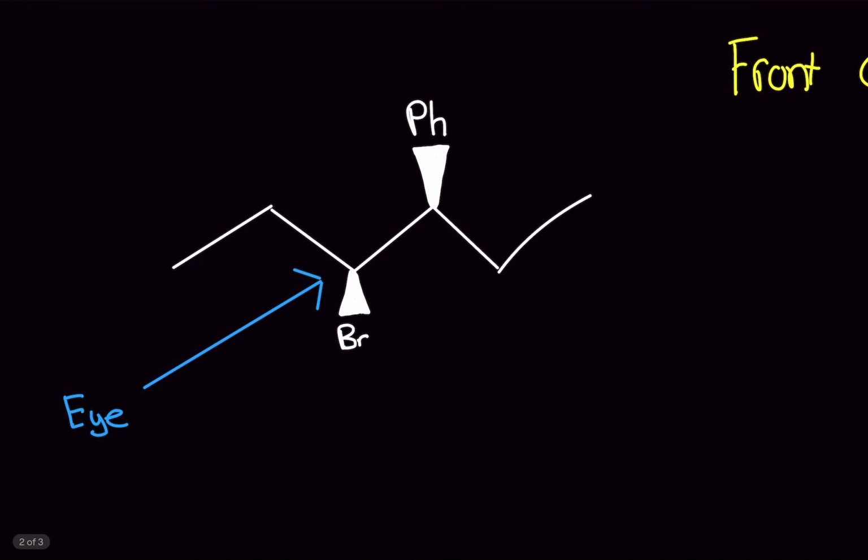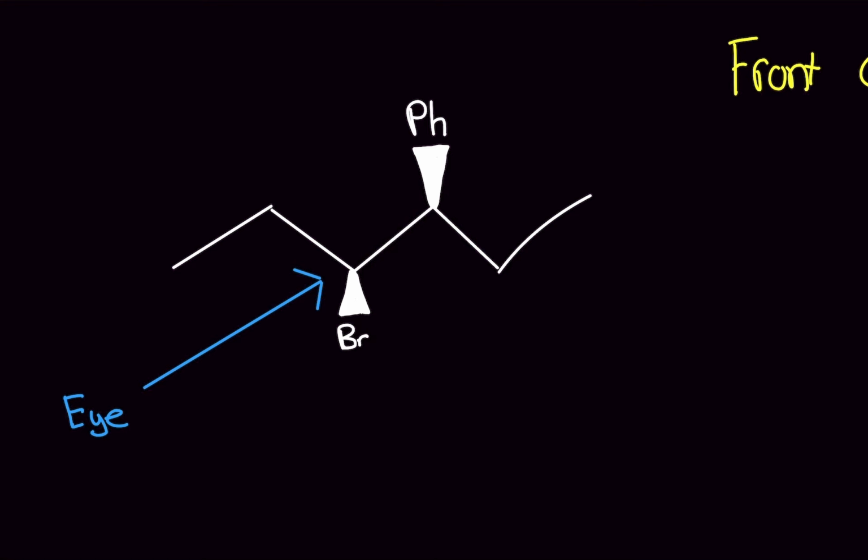So we start here, and we notice that we have a bromine, an invisible hydrogen that's on a dash here, and then we have a CH2 group. We do not count this because that is going to the next carbon. This is going to the back carbon, so we don't count that. We ignore all this. Ignore it.